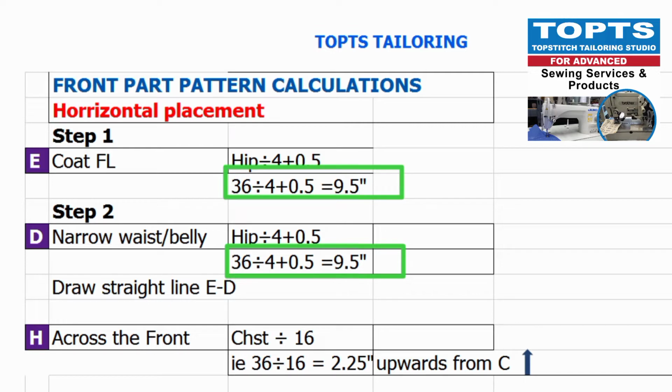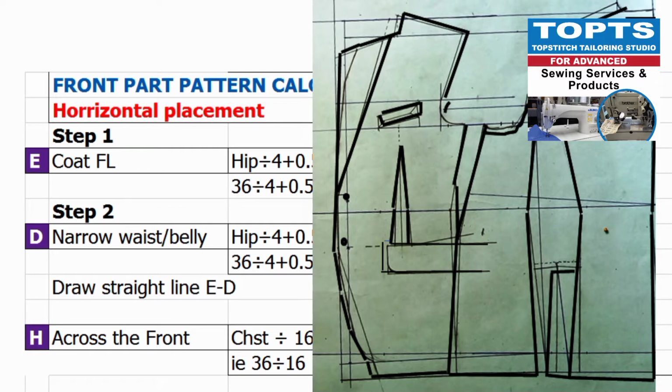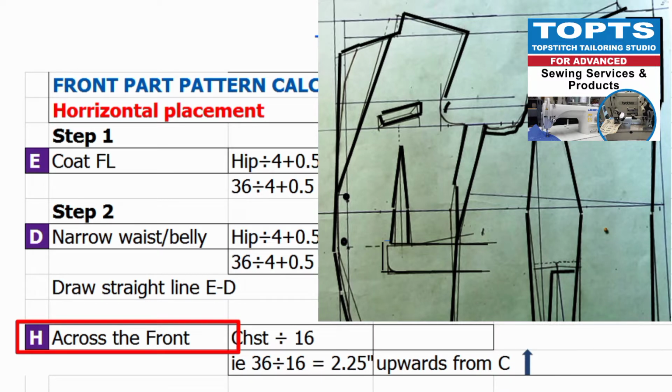As you can look closely, lines D and E are almost the same, but in line E afterwards we're going to make some shapings, of which I will show you how to do the shapings in the practical part. Then after you've done that, you're going to draw line E connecting it to line D with a straight line. Then after, we are going to line H, which is the across the front.